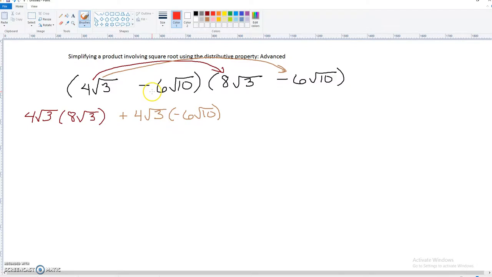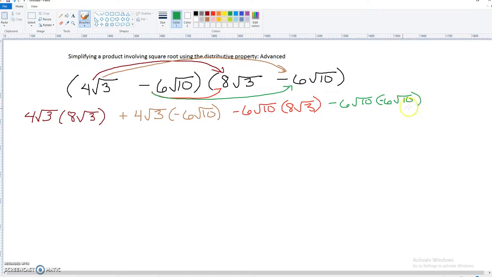And here we've got negative 6 square root of 10 times 8 square root of 3. And lastly, negative 6 square root of 10 times negative 6 square root of 10. Got to make sure we don't lose anything along that process.